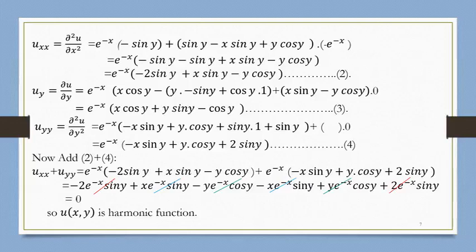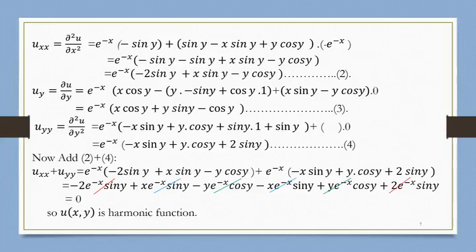Now again, try to find the second partial derivative of u with respect to y. So we have del square u over del y square is equal to e to the minus x. So find the derivative of the second term. This is x cosine y, the derivative with respect to y. The derivative of cosine is equal to minus sine y. So we get this term: minus x times minus sine y, plus y sine y.